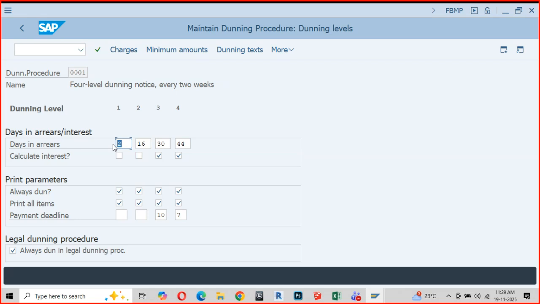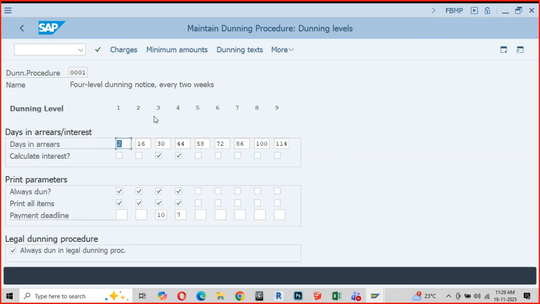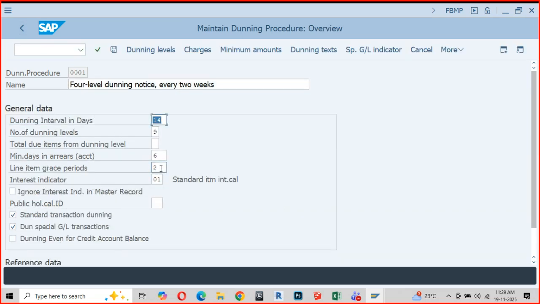Since I have said 4 levels of dunning, it is giving me this. If at all I had said 9 levels of dunning, if I went to the dunning levels, you could see. Clear, students? And this 2 is picked up from this place.